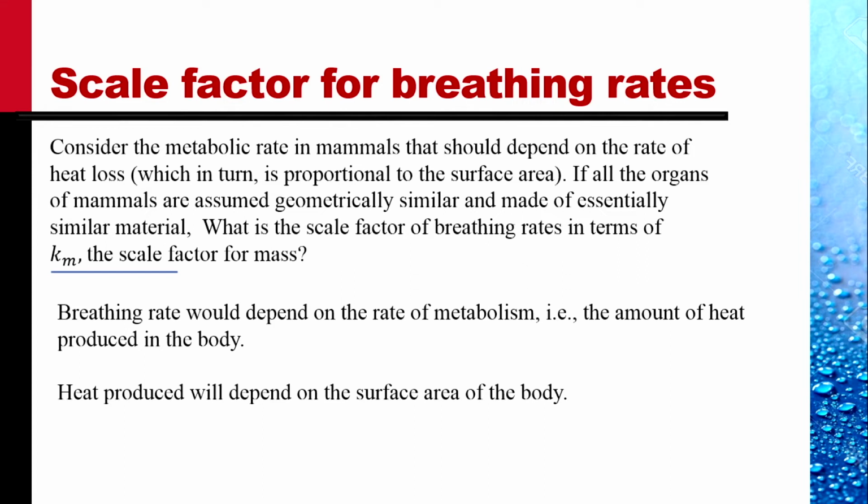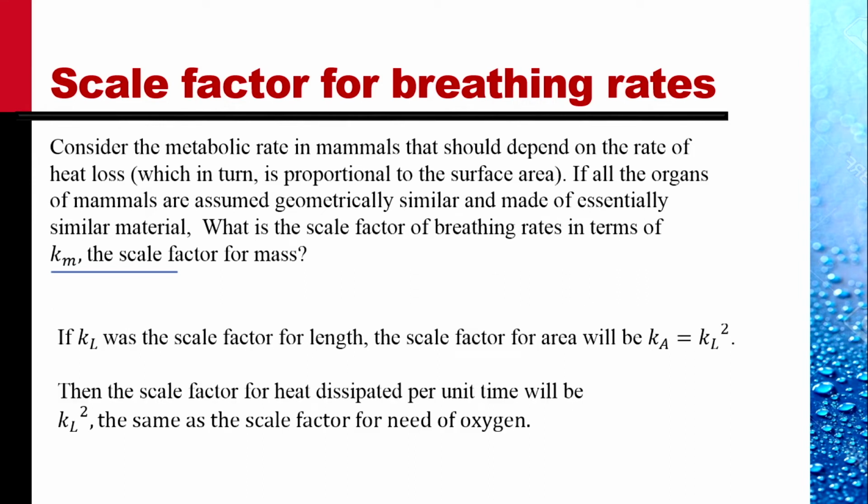The mass of food consumed would be proportional to the mass of oxygen that is used for oxidizing that food. So the mass of oxygen per unit time should be like KL squared.